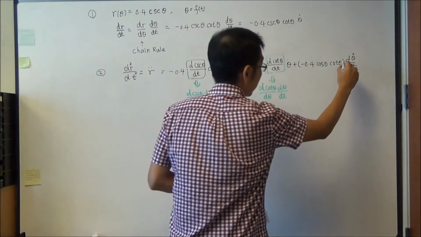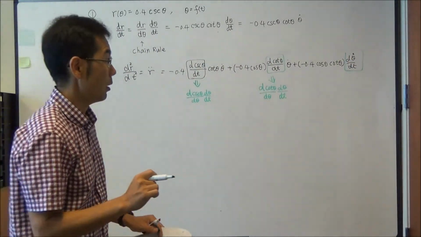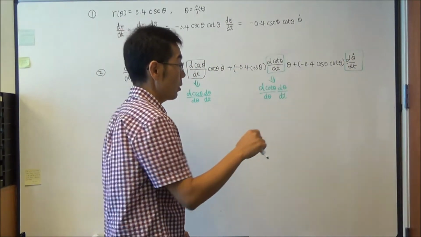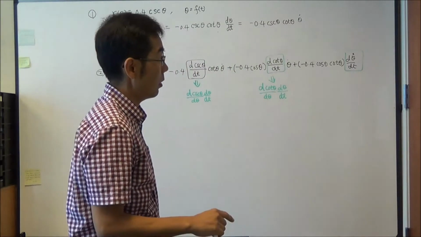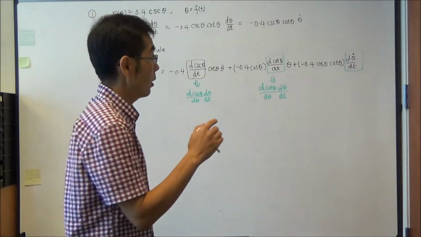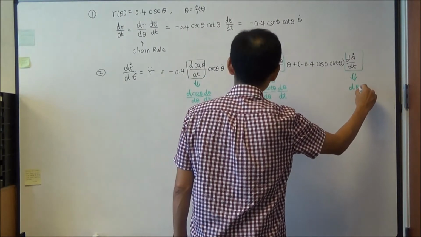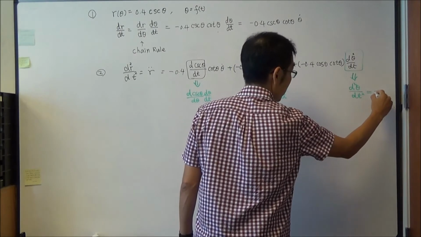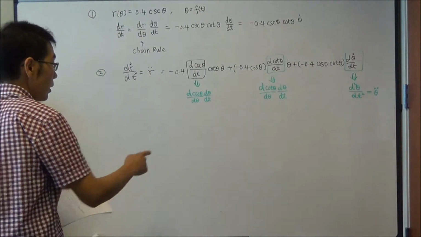And how about this one? We don't need to use the chain rule because right now we know that theta is a function of time. So you can directly get the time derivative from that third term. So this is directly theta double dot. Okay? So just take care of this one.